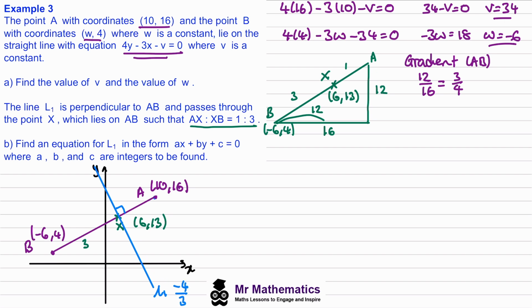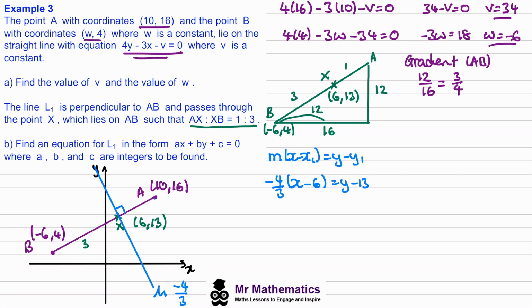Okay, so now we've got the gradient of line L1 and the point it passes through, we can find the equation of this line. If we use the equation of a line, m lots of (x minus x1) will equal y minus y1. We know the gradient is negative 4/3. The x coordinate it passes through is 6. The y value it passes through is 13.